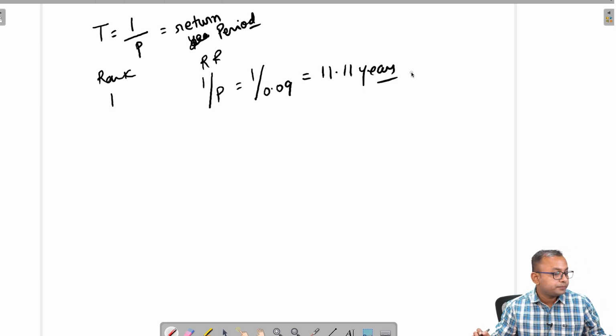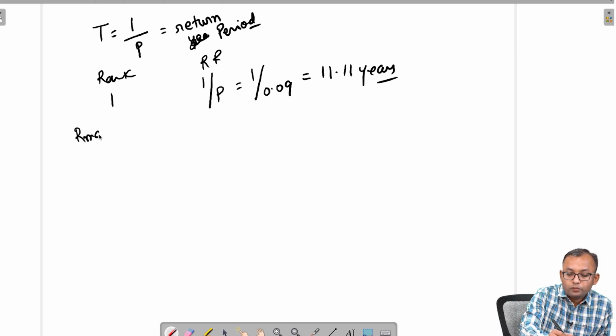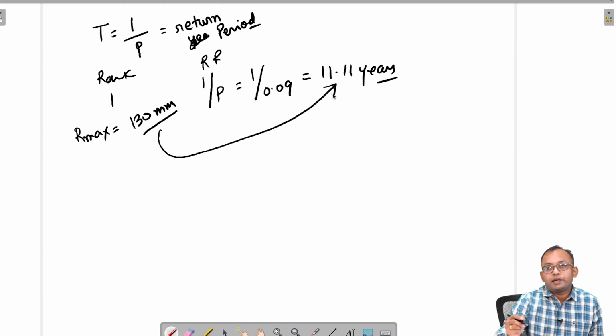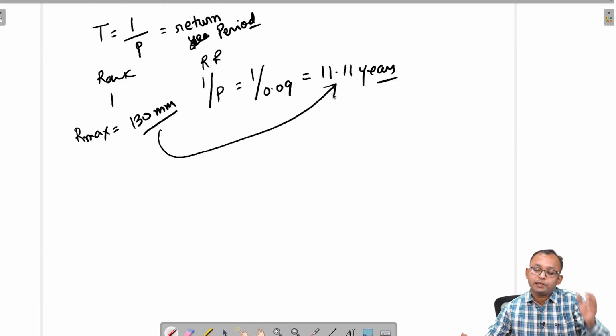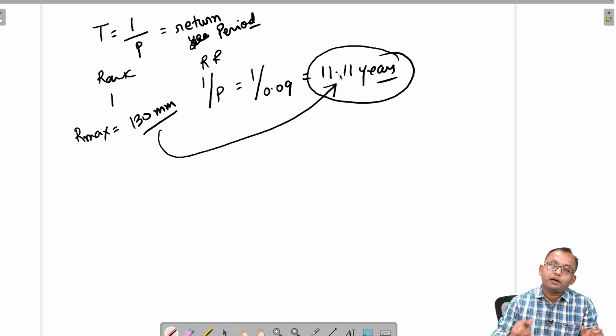So, which means for R max equal to 130 mm, let us say magnitude, for this particular data has 11 years, or 11.11 years, roughly 11 years of return period.